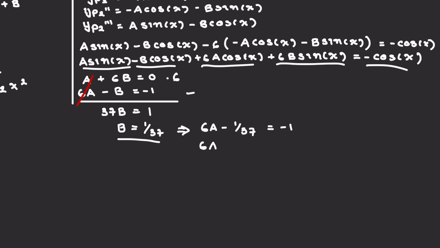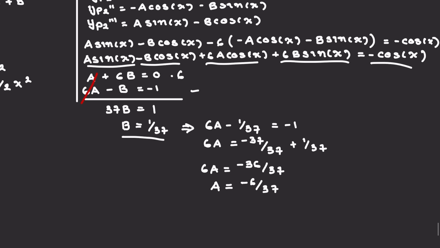And so we have 6a equals negative 37 over 37 plus 1 over 37. We have 6a equals negative 36 over 37. We can multiply both sides by 1 over 6, which gives us a equals negative 6 over 37.